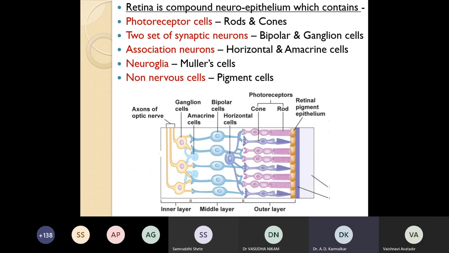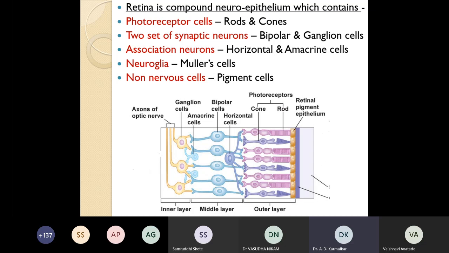Now, these different cells we have separated here. These are the components of the retina. The retina has neuroepithelial cells, which are the photoreceptor cells, the rods and cones. You already know the details about these because they are taken in the physiology lectures. There are synaptic neurons, the bipolar cells and the ganglion cells. The association neurons are the horizontal cells and the amacrine cells.